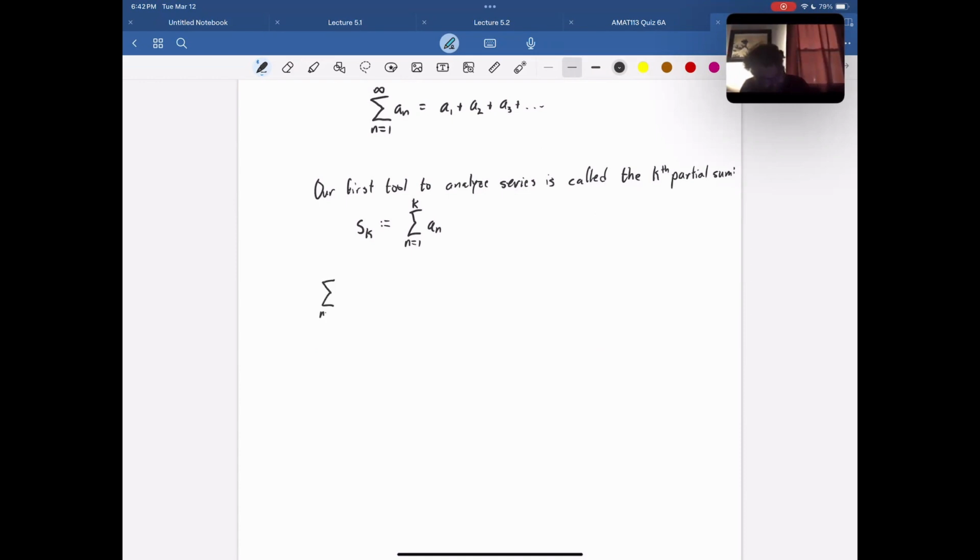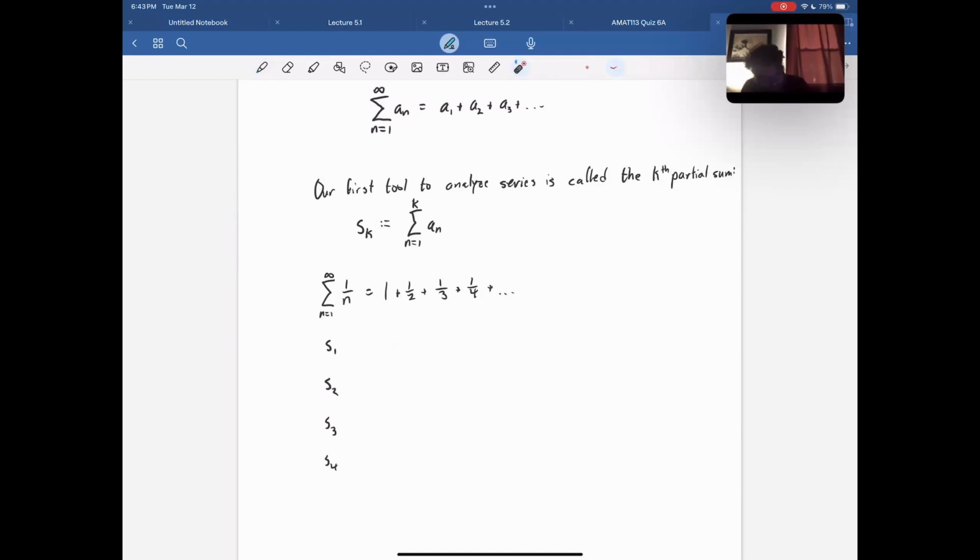If we were to examine the entire harmonic series, this would be the sum of 1 over n, which is 1 plus 1/2 plus a third, and on and on. But we can take a look at the kth partial sums of these, and we'll get S1, S2, S3, S4.